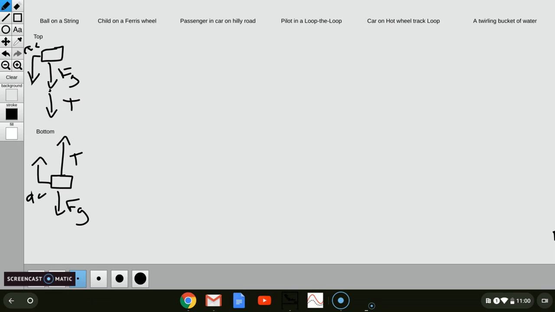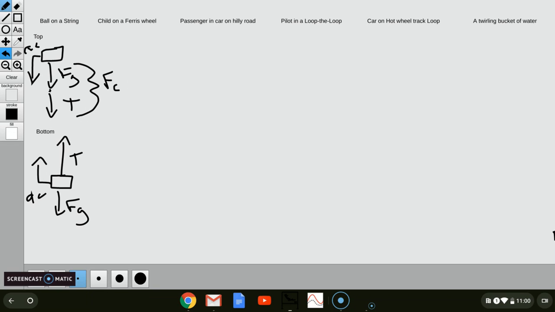The reason for that is the centripetal acceleration must stay the same. So here at the top, these two forces are added together to equal the centripetal force, excuse me.